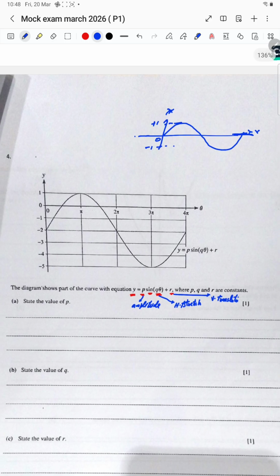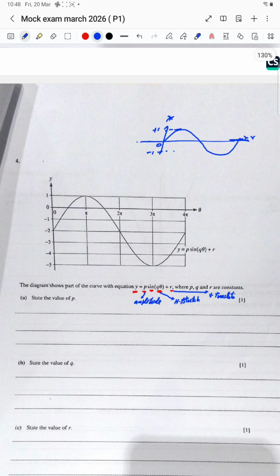But here the curve is a little bit different. What becomes the mean line? It seems to be this line here. Let me write it correctly. Yes, because the amplitude is the same from the mean line, up and below.